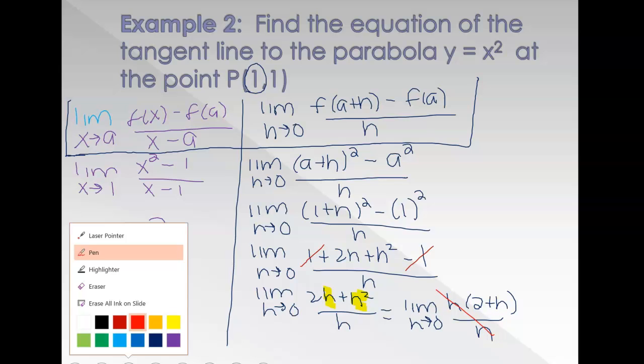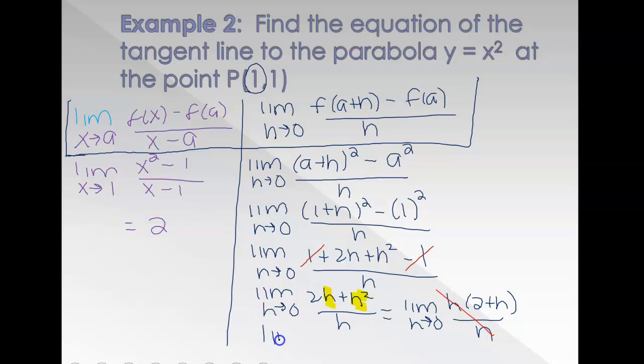Leaving me with the limit as h approaches 0 of 2 plus h. Finally plugging in 0 for h, I get 2.